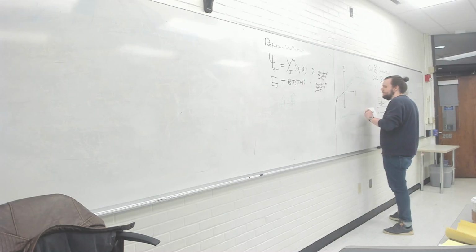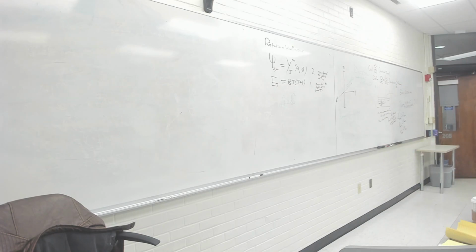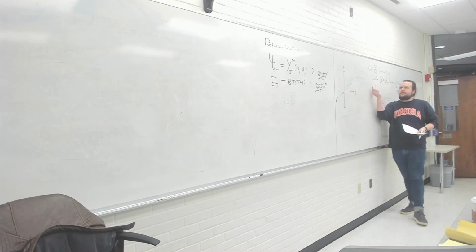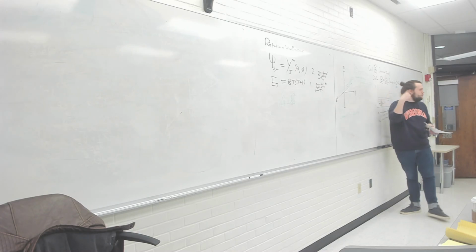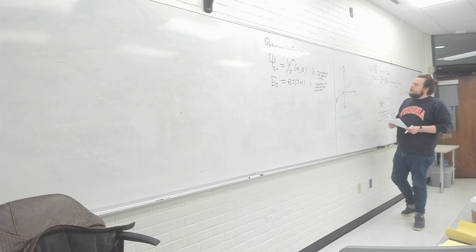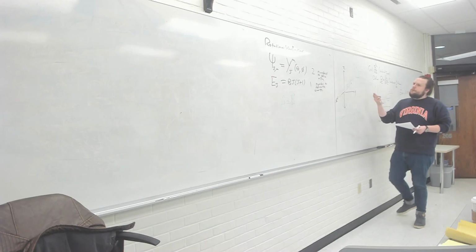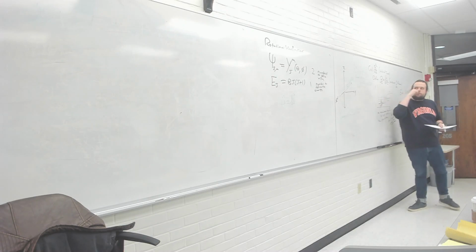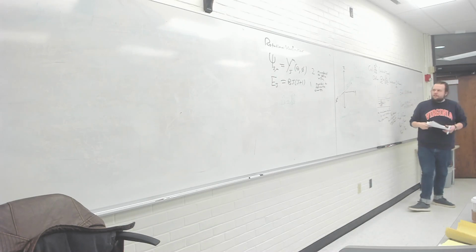So the longer L is, the faster the molecule is rotating. So as we increase the energy by increasing j, we're just spinning the molecule faster and faster and faster.